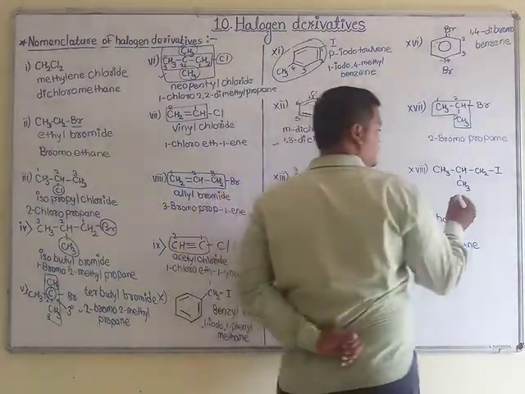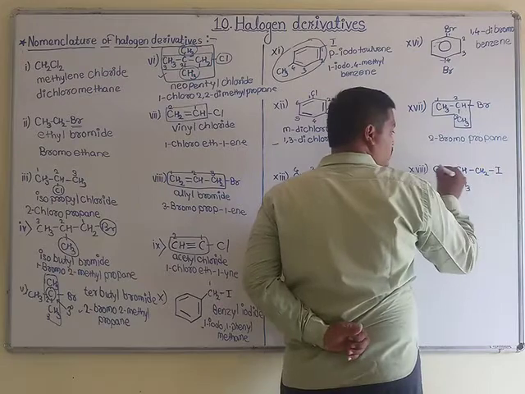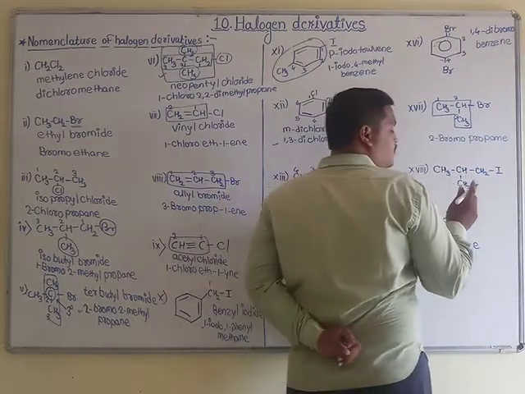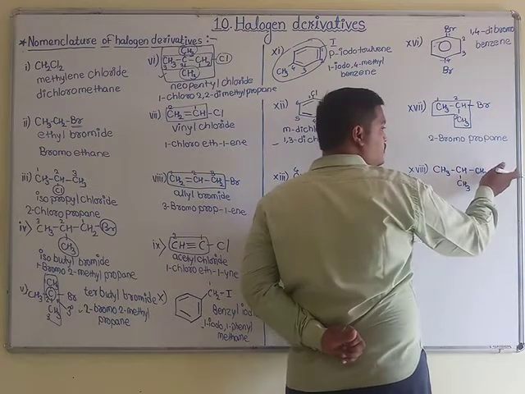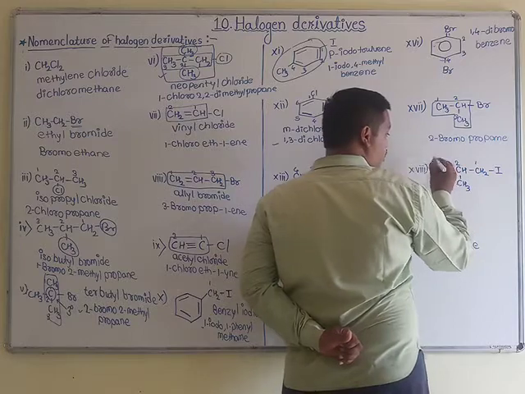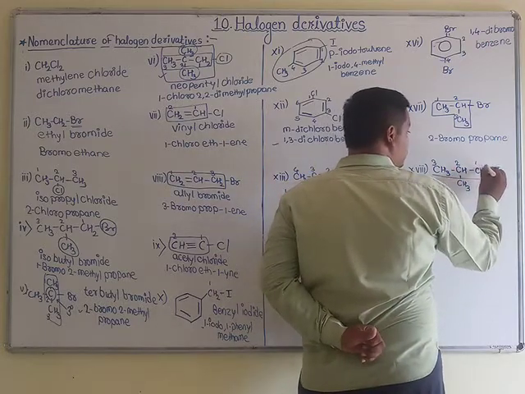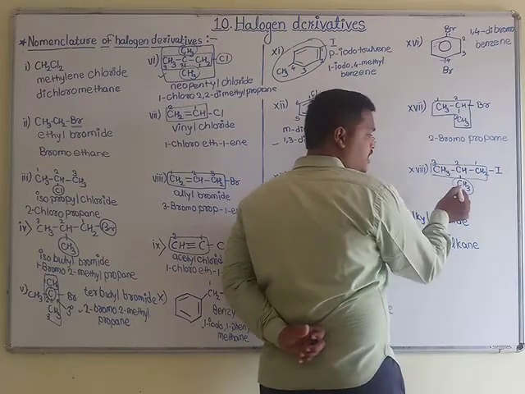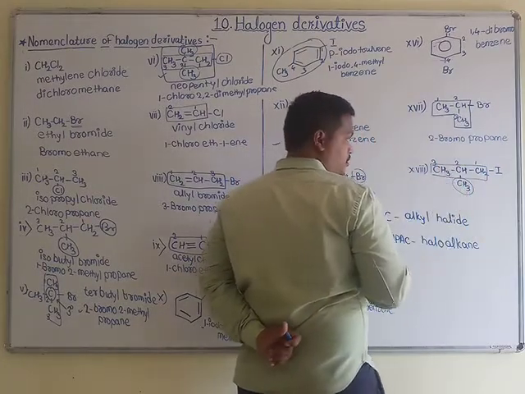Then next one is, here the total number of carbons is 4 and numbering starts from right to left because on the right side there is a halogen. Means here the straight chain contains 3 carbons and the second carbon contains 1 alkyl substitution.